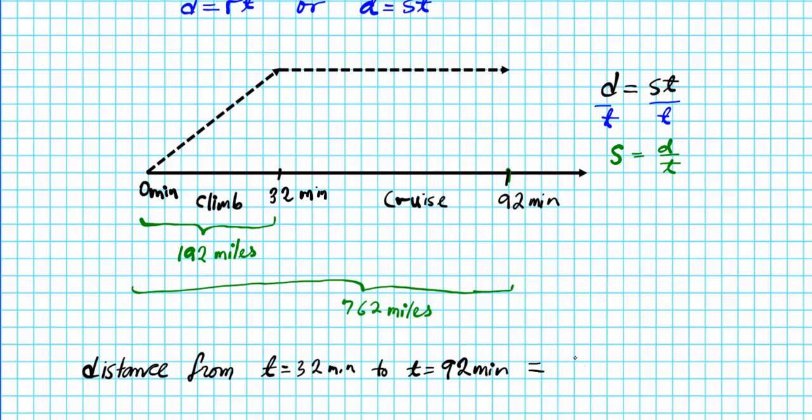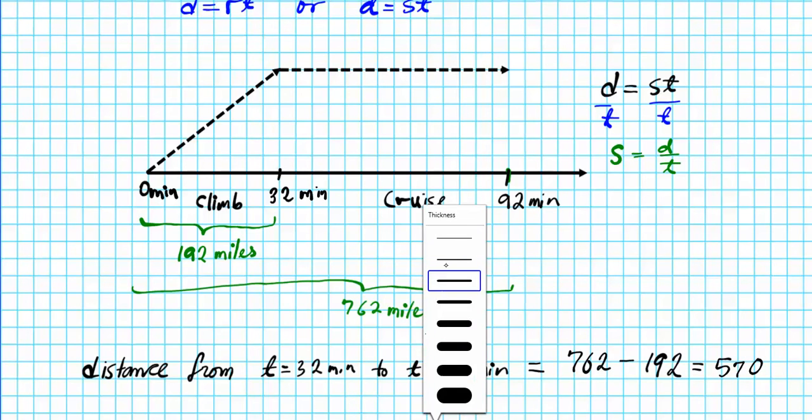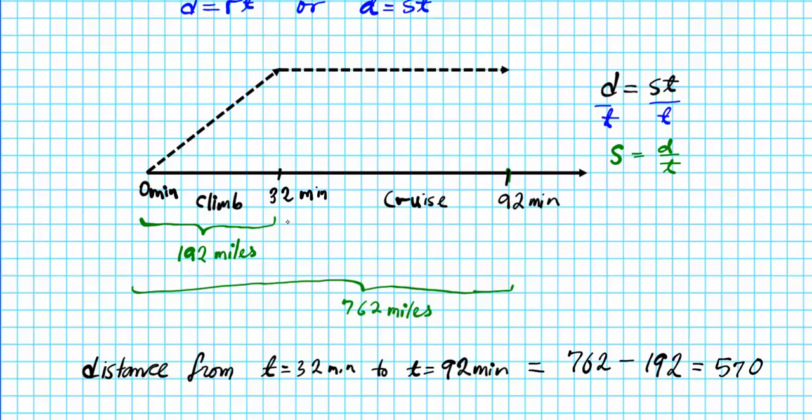It's going to be 762 minus 192, so cruising and climbing minus climbing, which gives us cruising. When you subtract these two, you get 570 miles. I hope that makes sense. So what's left is 570. 570 is your cruising distance.